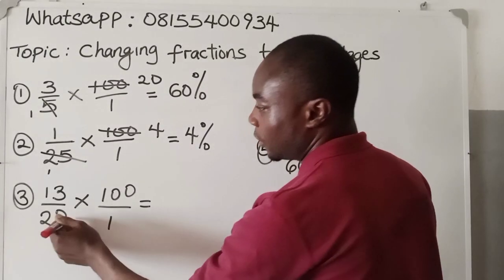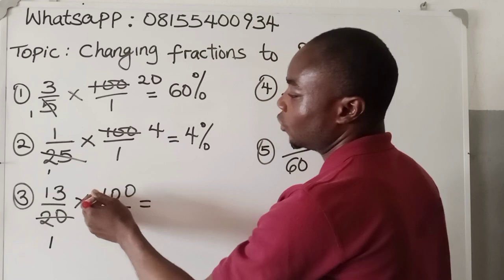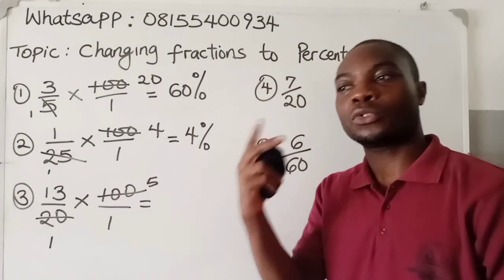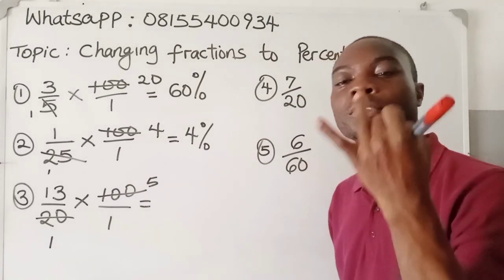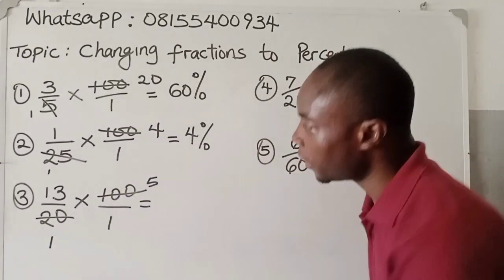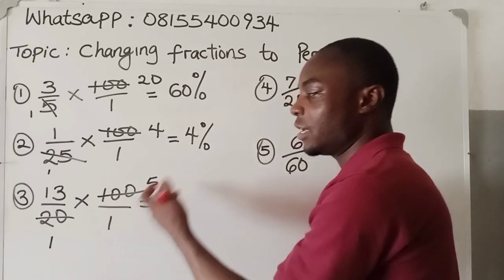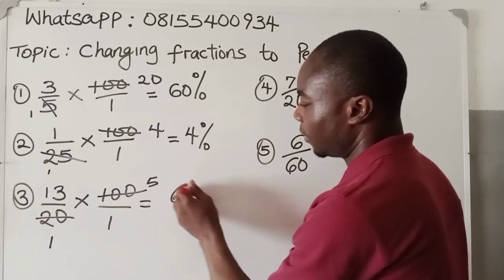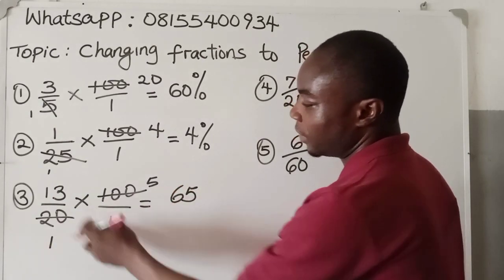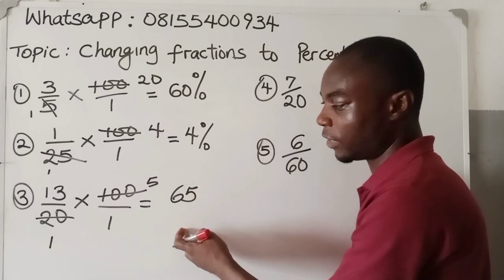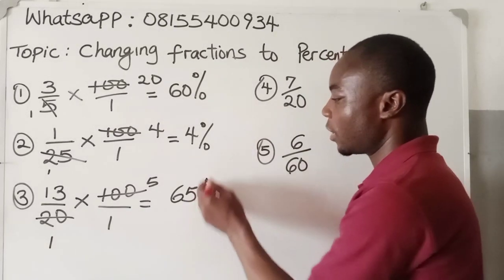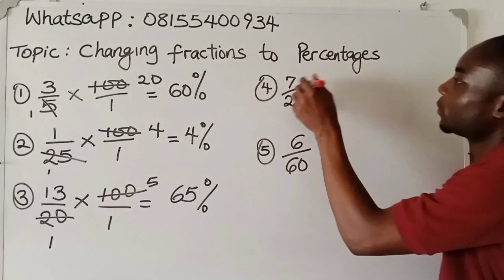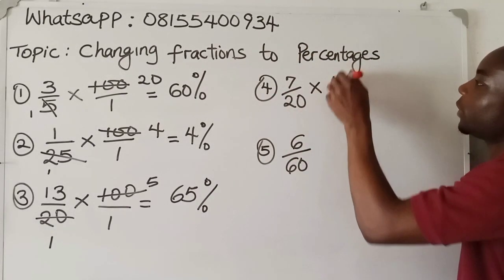But simply we can just say 20 into itself once, 20 into 100 5 times, because 20 plus 20 plus 20 plus 20 plus 20 will give us 100. So we're left with 13 times 5, which is 65, over 1 times 1. 65 divided by 1 is still 65. So we'll have 65%.